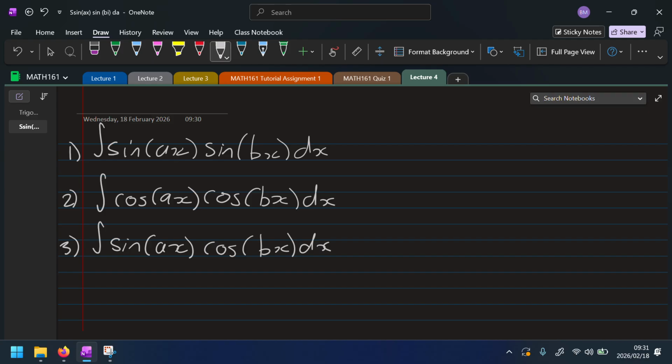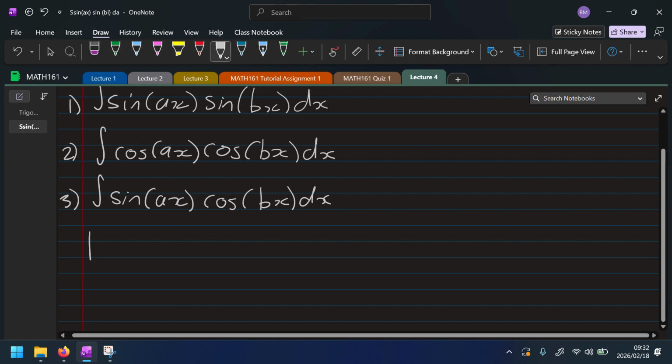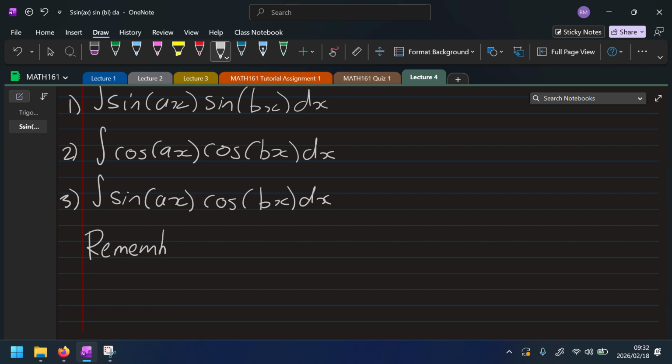Okay. So again, it's not powers of sine and cos, but they look something like this. So how do we go about solving this? Remember your sum and difference angle formulas.